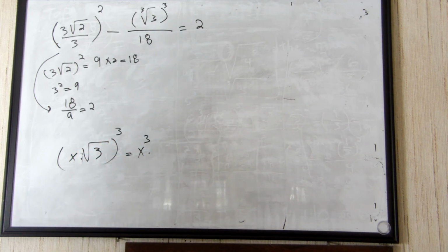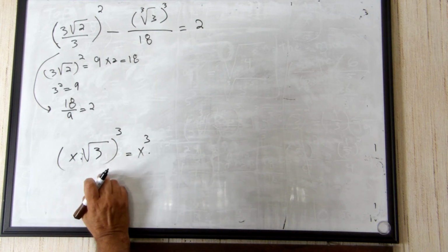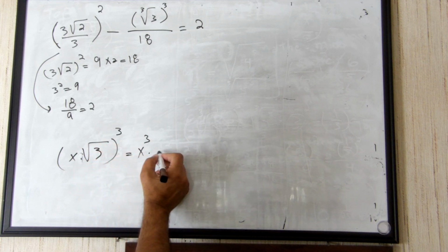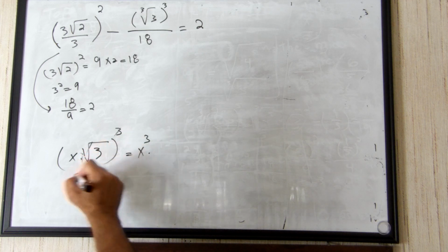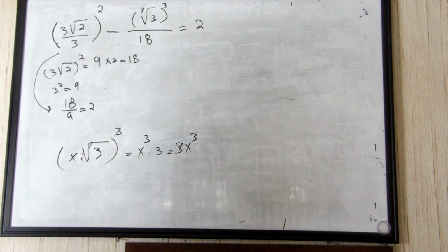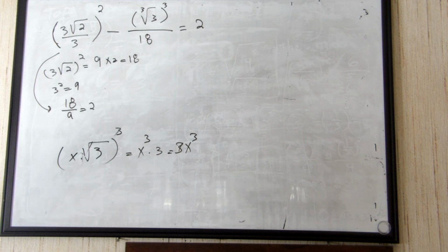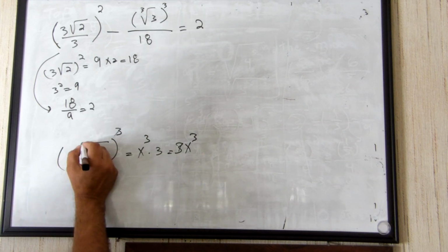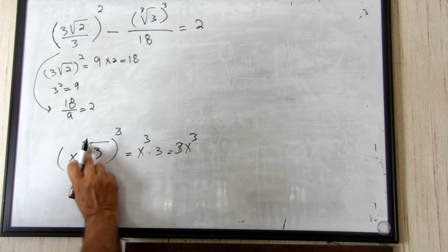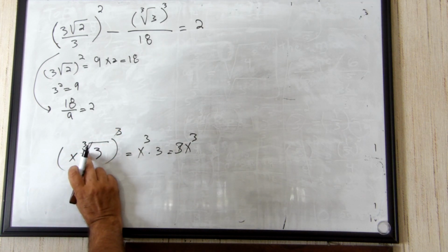This is going to cancel out. So 3x3 is going to be the answer. Oh, I'm sorry, if this is 3, this is going to cancel. If not, it's different. Then you have to write it.